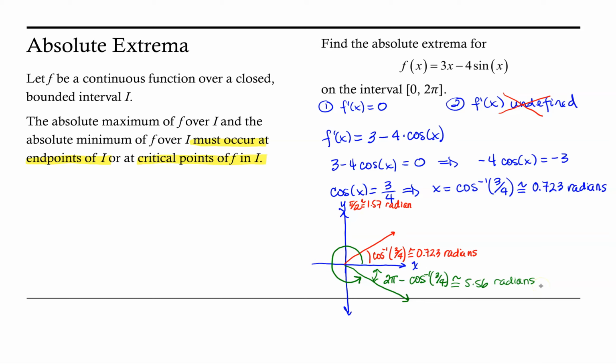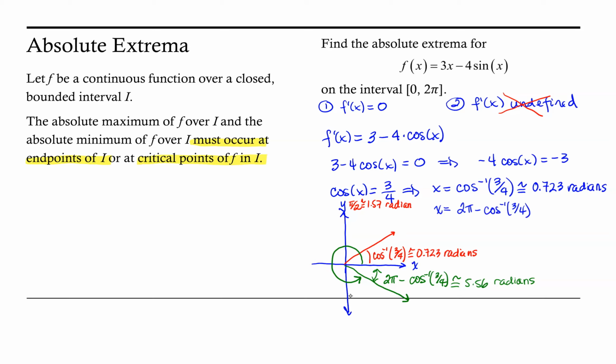So we have two critical numbers: x equals the inverse cosine of 3/4, simply from solving the equation, but we also have to rely on our knowledge of trigonometry and realize there is a second angle in the fourth quadrant, x equals 2 pi minus cosine inverse of 3/4.